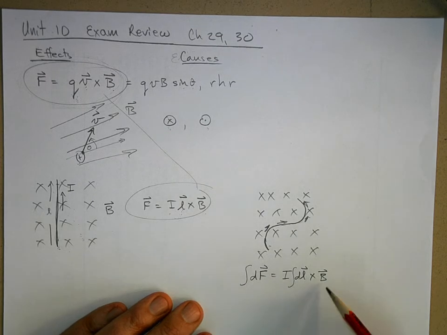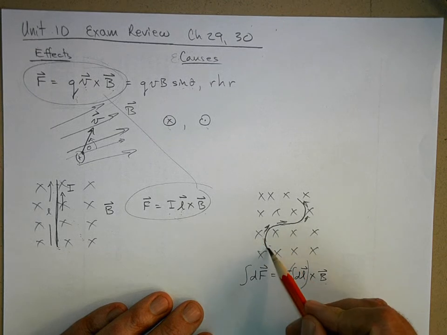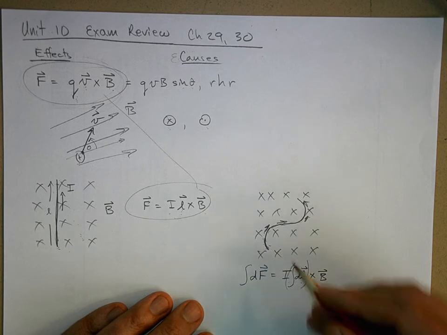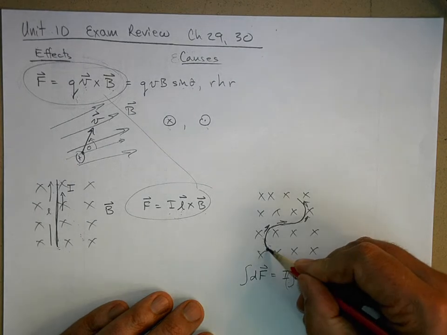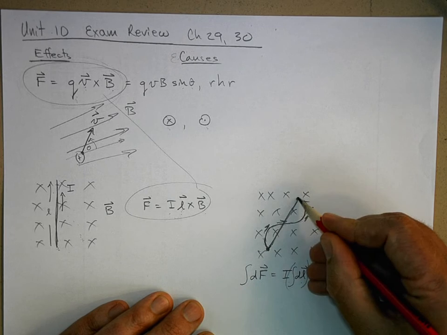Well, if the magnetic field is constant and the current is constant, you can just look at this. And what are the sums of all these little dL's? dL plus dL plus dL, it's a vector sum. Well, when you add all this up, it's just the length from where you start to where you end. Here, from here to here.